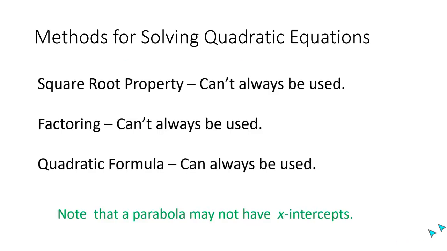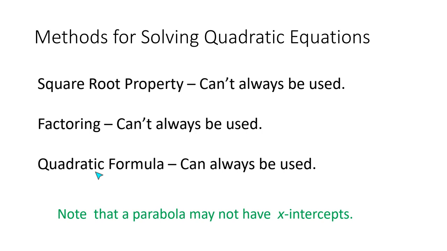Now to solve for them, there are different ways you can do that. One, you can use the square root property, but keep in mind that you can't always use it. We can try to factor, but we can't always factor. And then we can use the quadratic formula. This one, you can always use.